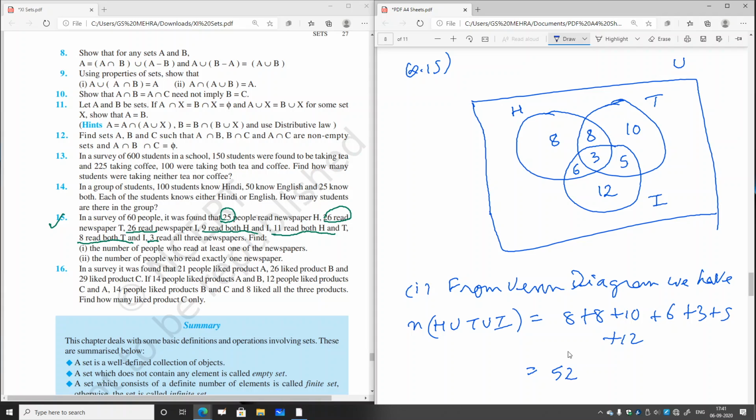So 52 people read at least one of the newspapers.